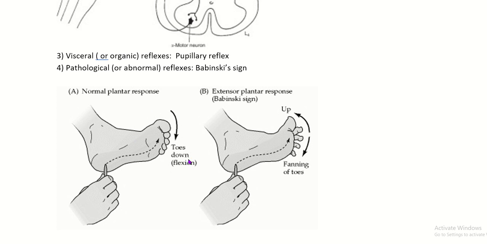This is the normal reaction when we stroke the plantar surface of the sole, and this is the Babinski sign: the extension of the great toe and fanning out of the toes.